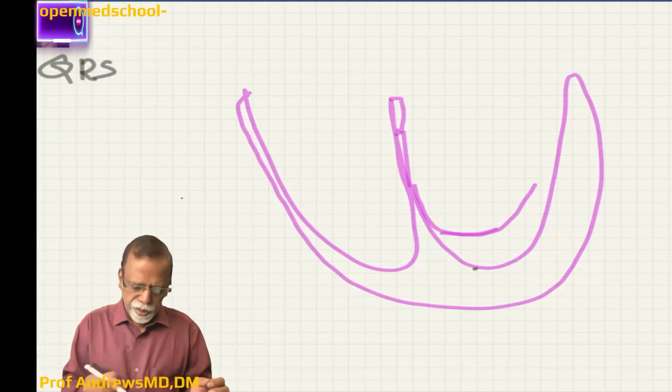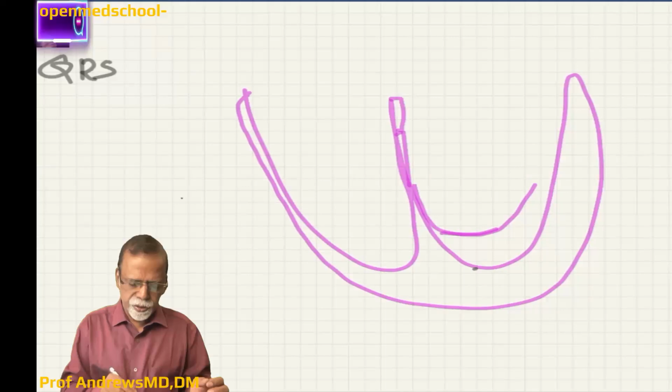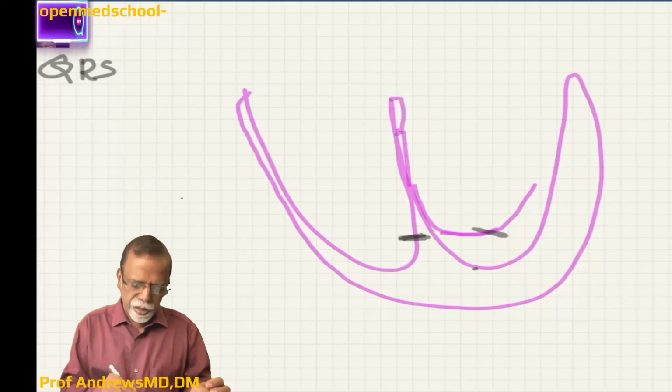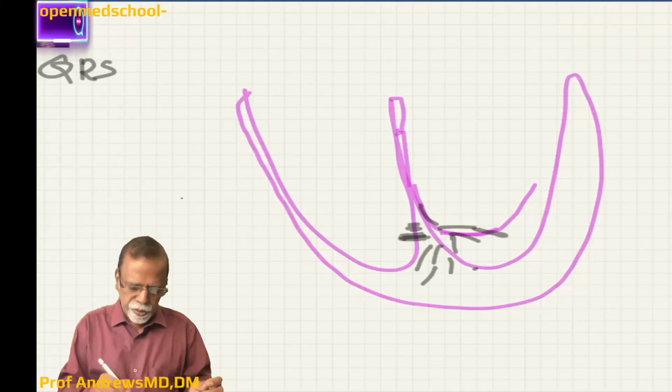Think that there is a block in the bundle branch, either the right bundle or the left bundle. What will happen? The impulse will reach here and be blocked. It then takes a circuitous pathway, bypasses this region, and depolarizes.